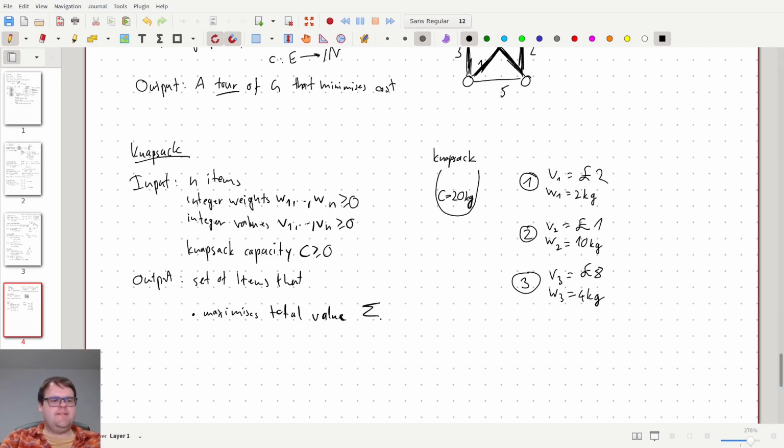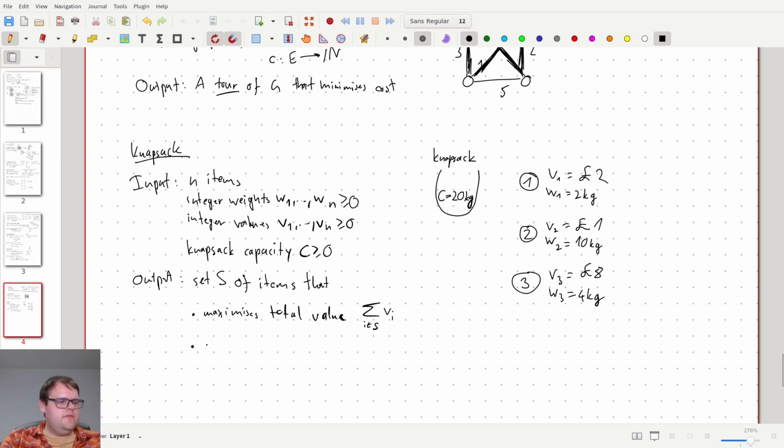So it's going to maximize the sum over all the items in the set S of vi.